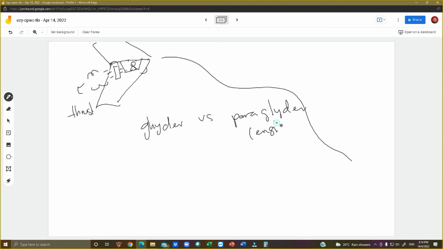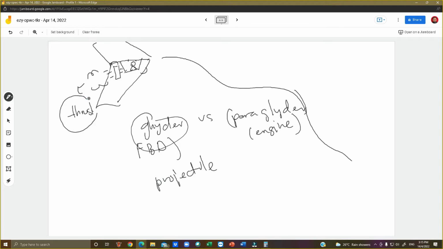this one is a free body diagram, resulting in a glider being a projectile, but not in the same case as the paraglider, where you can manipulate your movement based on thrust. So bila ada thrust ni, maksudnya benda ni menghasilkan internal force to change the course of action.